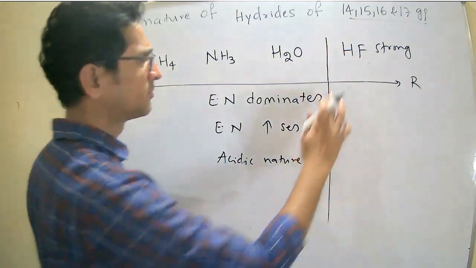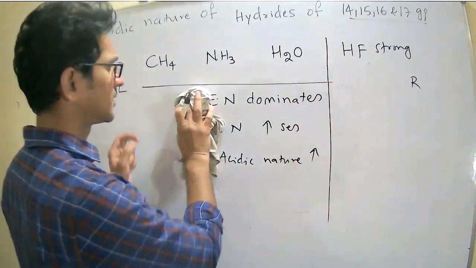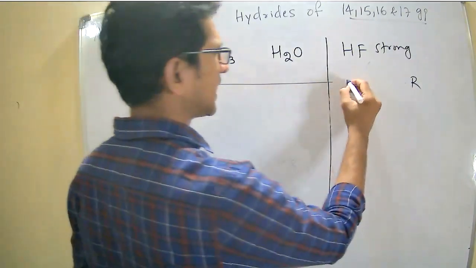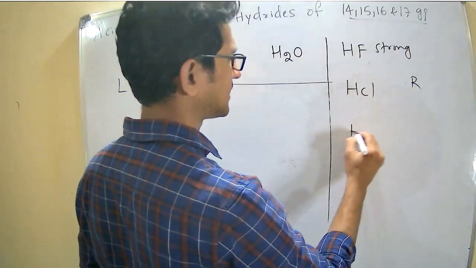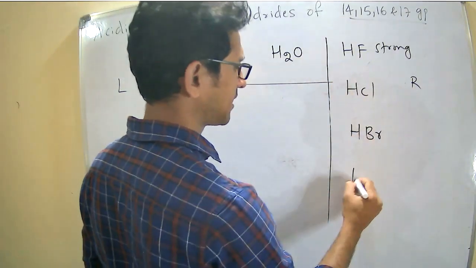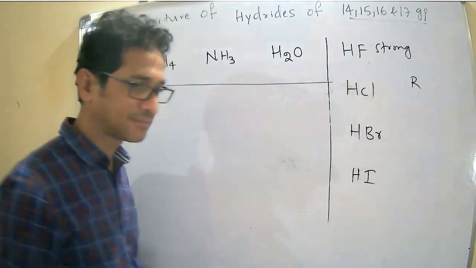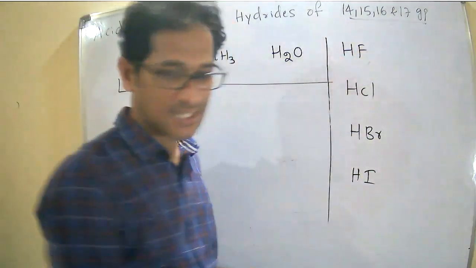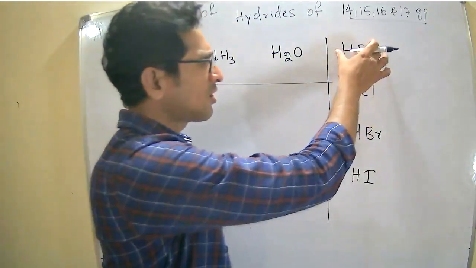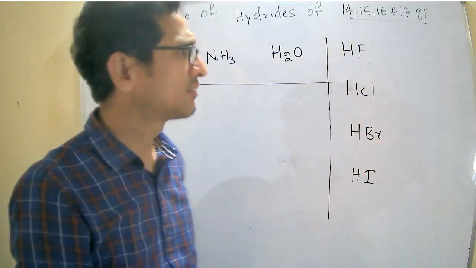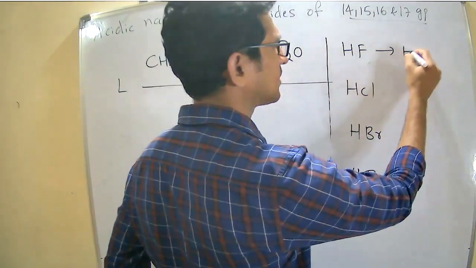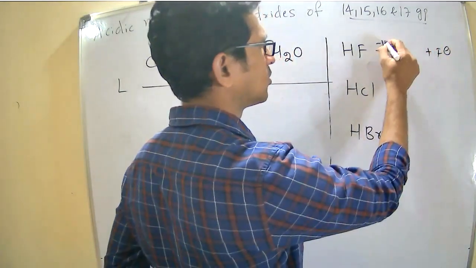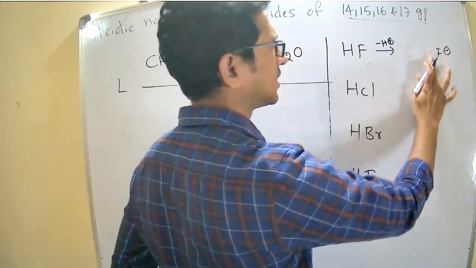Now coming to the group: HF, HCl, HBr, HI. These are all acids, because HF loses an H plus ion and converts into F minus.